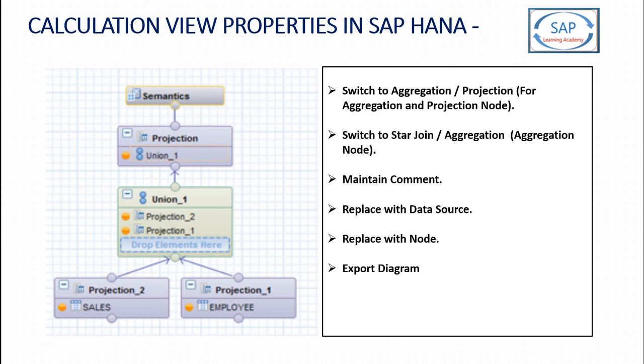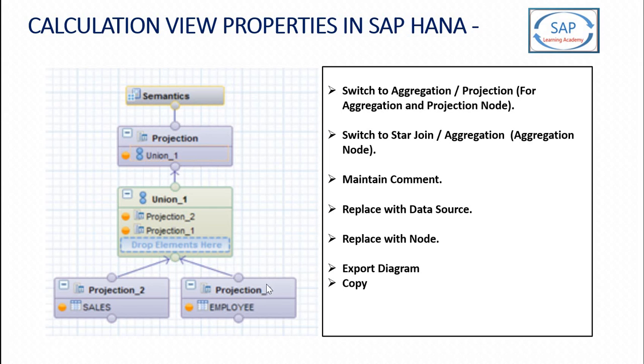So that's also a feature. Then export diagram. You can always right click on a node and you can find an option to export diagram, meaning that you want to export to a JPG file or any other format so that you can download it in your local system. Then the copy.